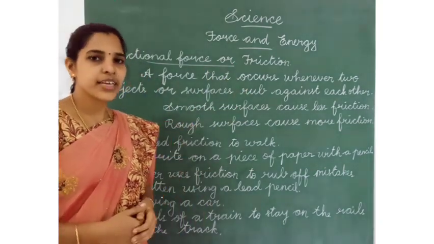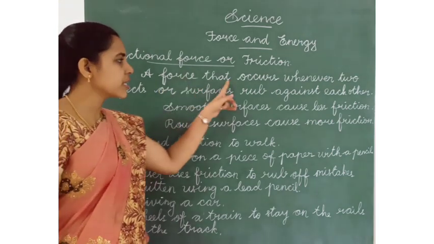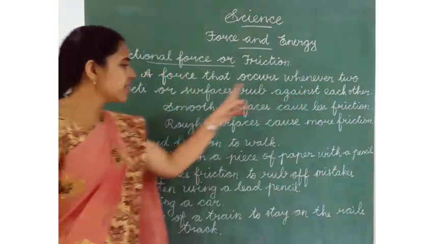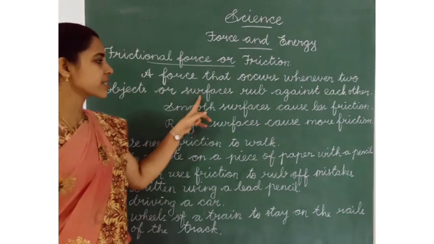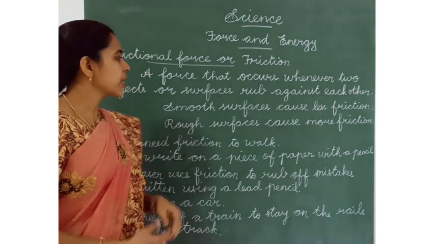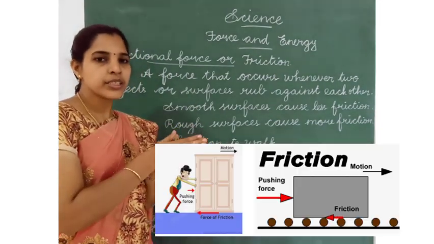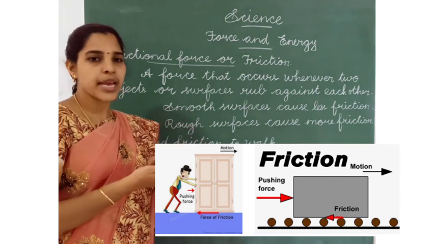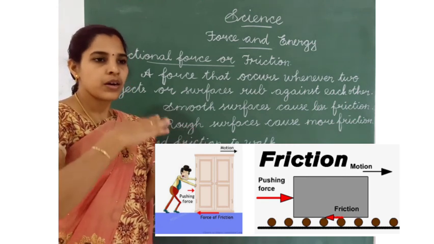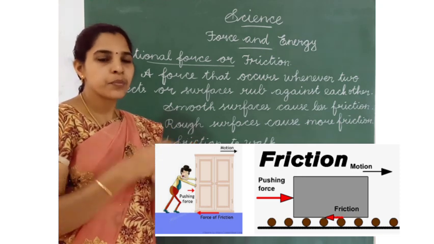Let's see the definition of friction or frictional force. A force that occurs whenever two objects or surfaces rub against each other. It means when we apply the force in between two objects, like a table or book or tiles and ball.